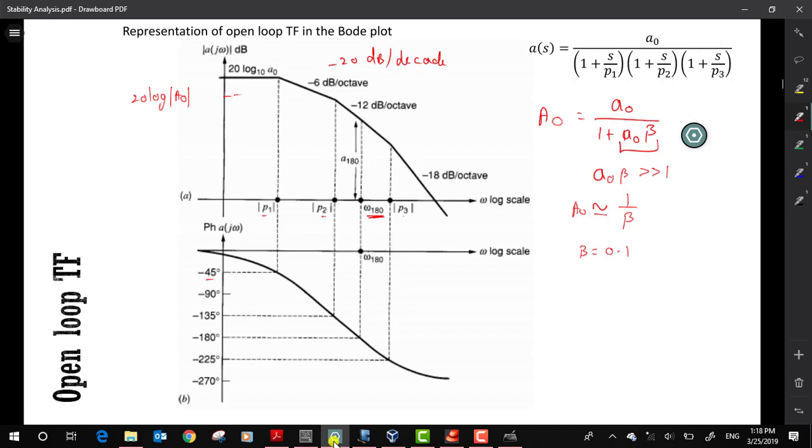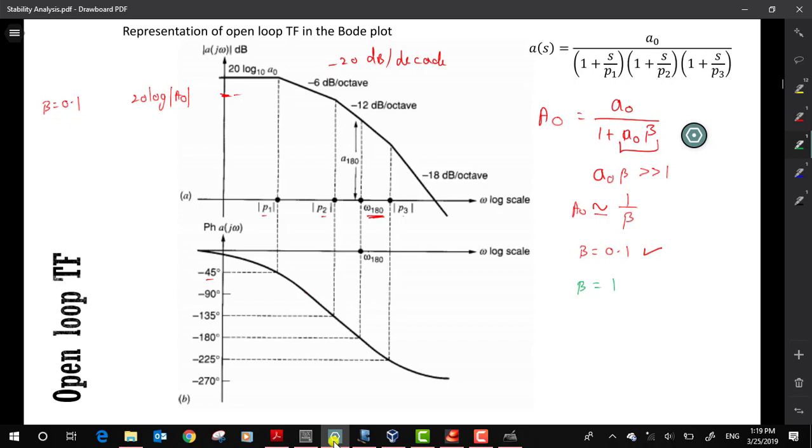Okay. Now what happens if the beta factor goes to 1? Where do I plot this particular line? This is the case where I am assuming that beta is equal to 0.1. Okay. Now I can increase the value of beta all the way to 1, right? So I'm just assuming what happens if beta is equal to 1. If that is the case, where exactly on this y-axis will I be plotting my A0 value for which beta equals 1?